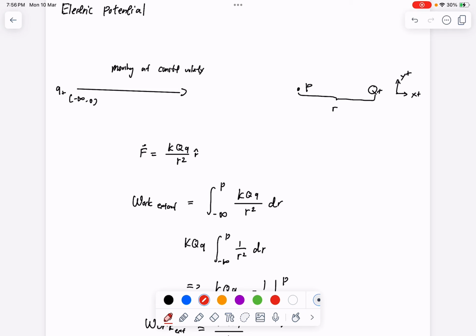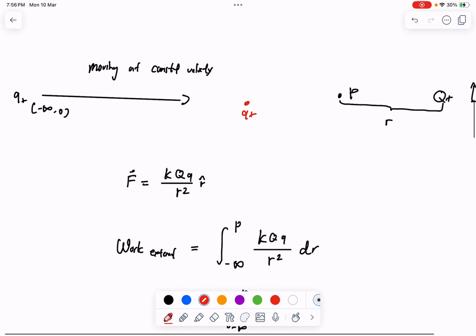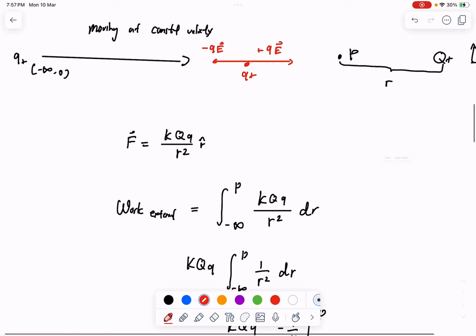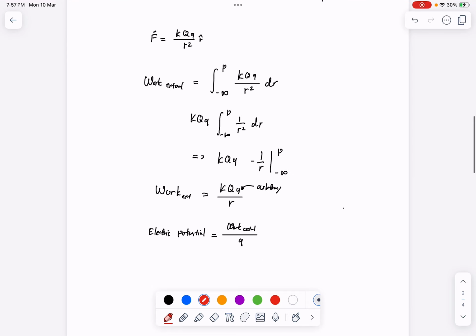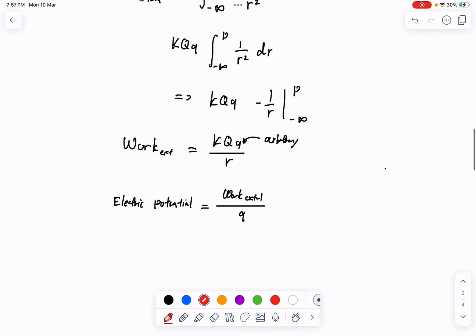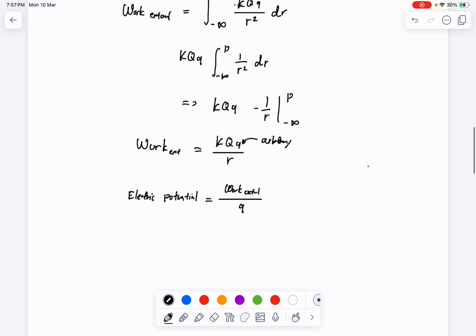For example, when little q is over here, it will sustain an electric field force qE in the negative direction. But I am pushing with positive q times E. They cancel out.